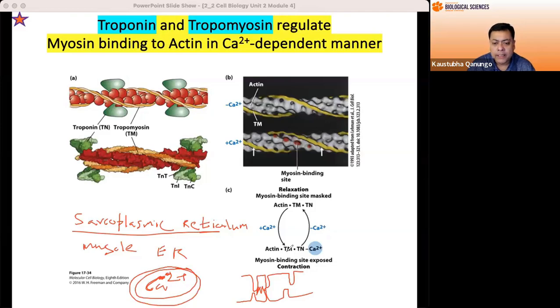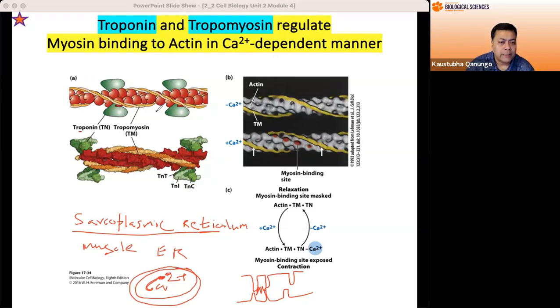So what happens in a normal condition? This is your filamentous actin associated with the Z disc in there. On top of that, you have this band-like structure, which is tropomyosin. Along with the tropomyosin, there is another protein, troponin, associated with it.